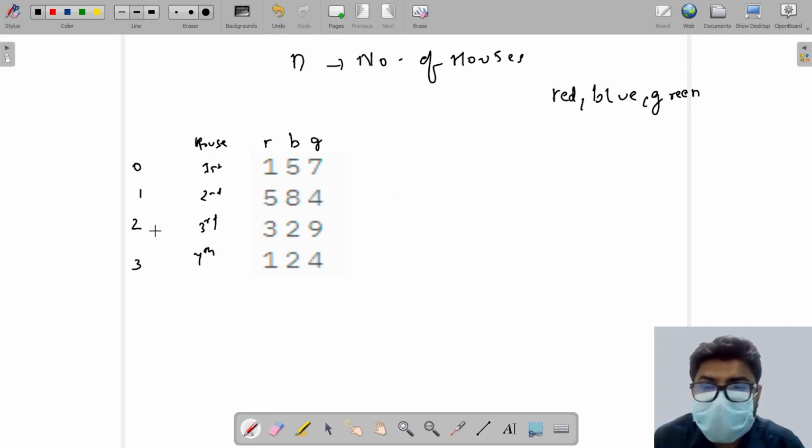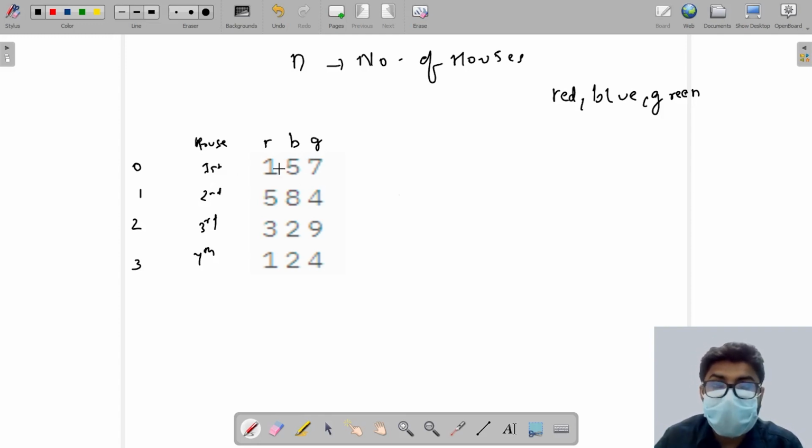To paint the first house red, I would have a cost of 1 rupee. To paint it blue, a cost of 5 rupees. Similarly, to paint it green, a cost of 7 rupees.